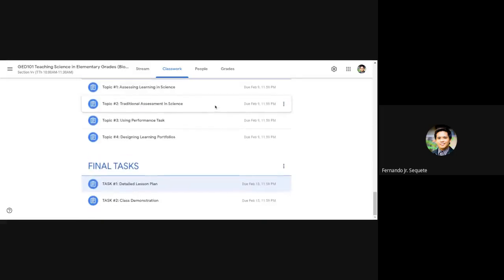So, yung super confident ka to discuss it. Okay, sige. So meaning to say we have to make another lesson plan for this detailed lesson plan. Pwede kayong maghanap ng another topic na hindi nyo ginamit doon sa module 5.